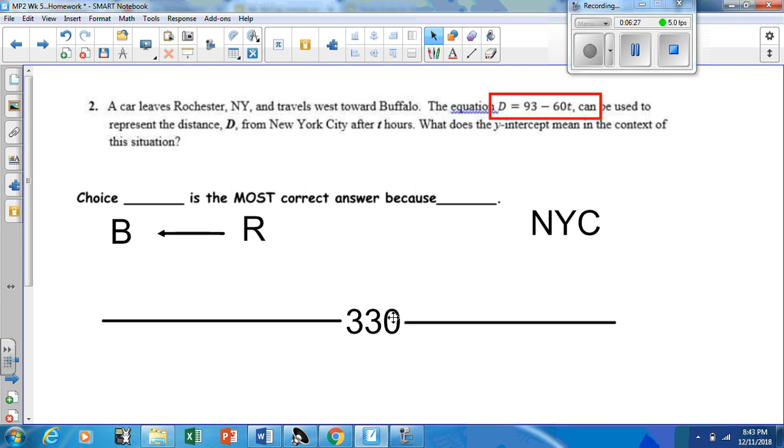And my rate of change is going down. That means instead of starting at 330, I am starting 93 miles closer to Rochester. So that means 93 miles would be right here.